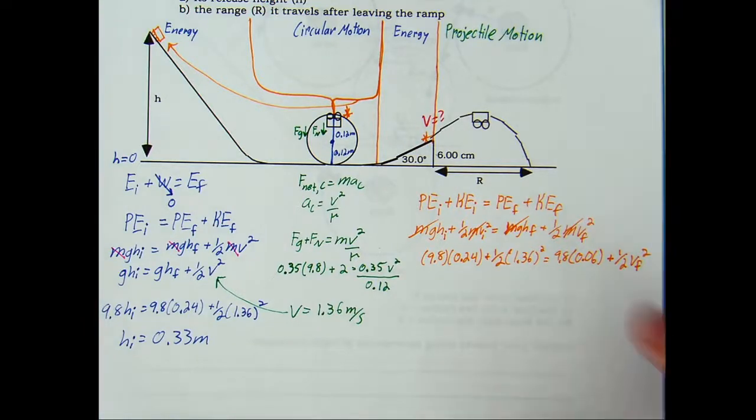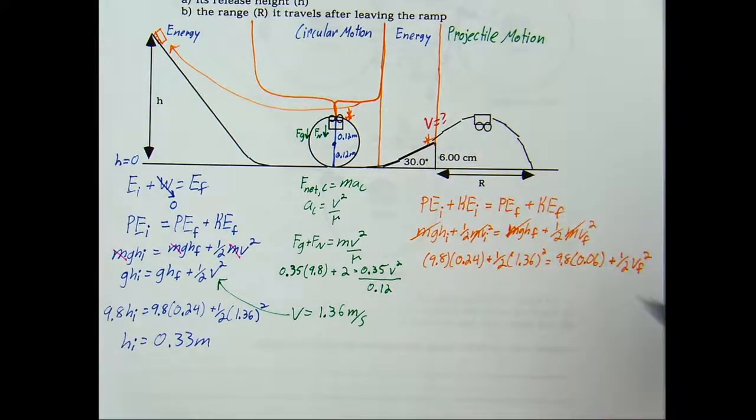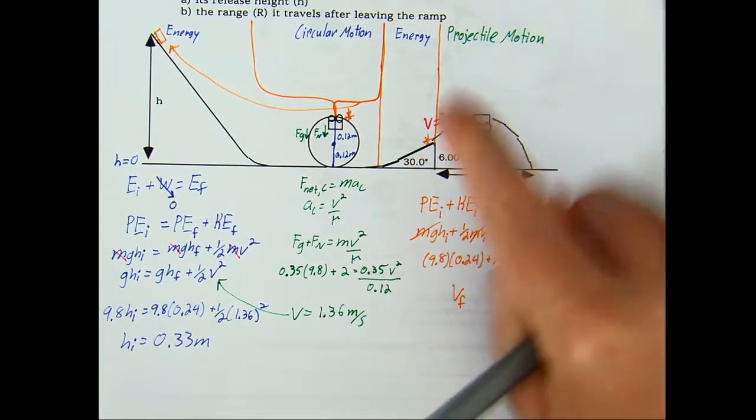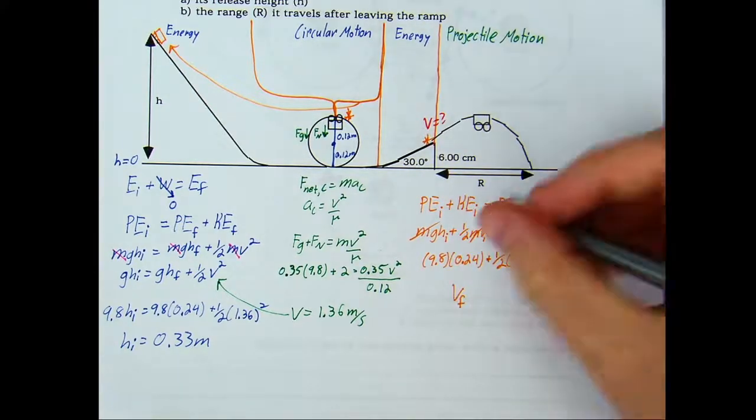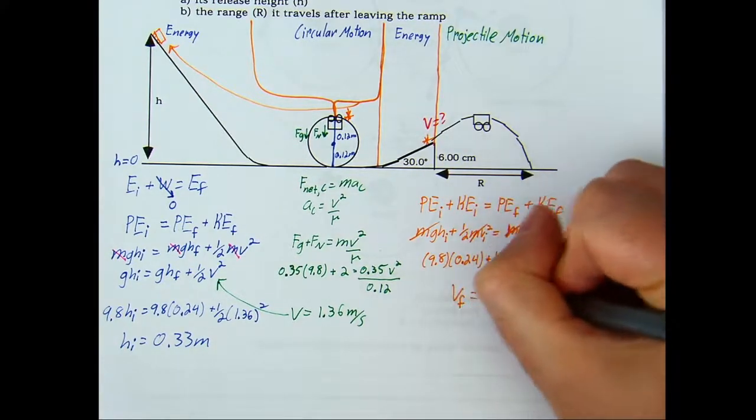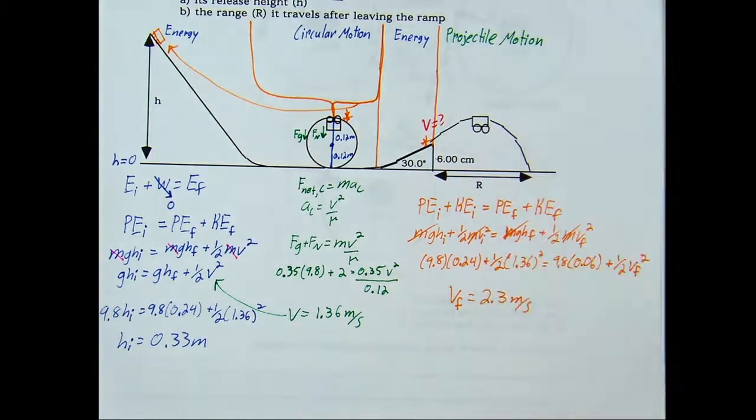So we've got all this going on. If you solve this thing for v, we're going to see that the v final, as this thing leaves the ramp, is 2.3 meters per second.